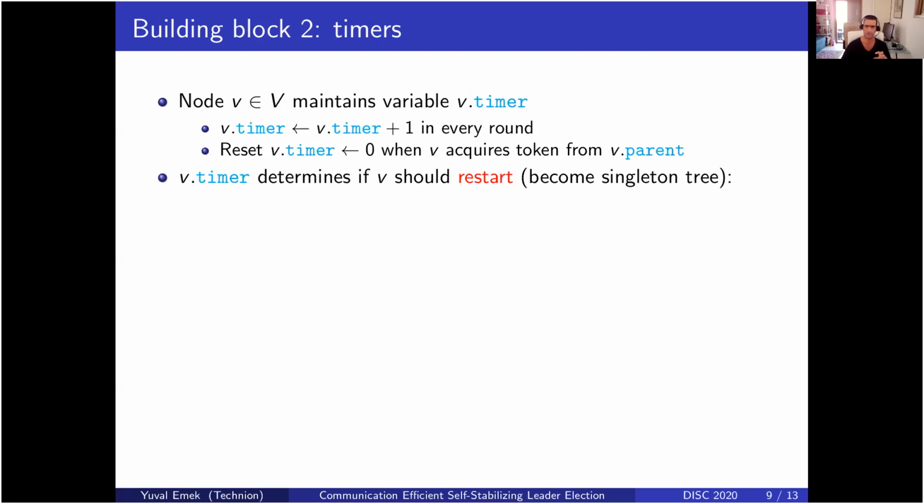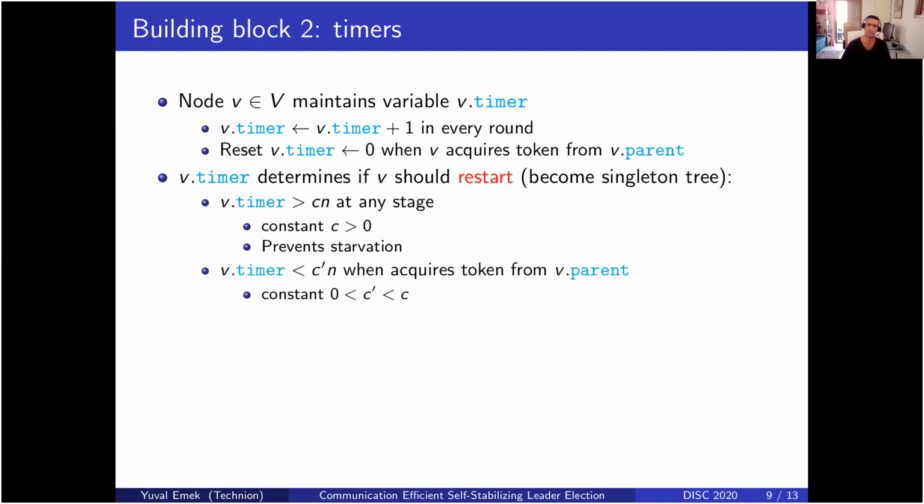And this will happen on two occasions. First, if the timer variable of V exceeds a certain linear threshold at any stage of the execution, then V restarts. Essentially, this prevents starvation of a node not receiving a token for a long time.